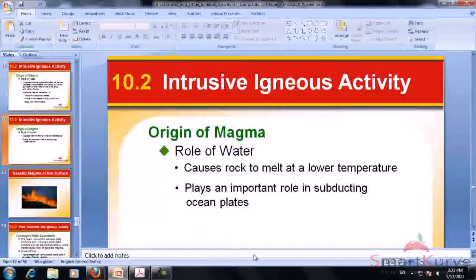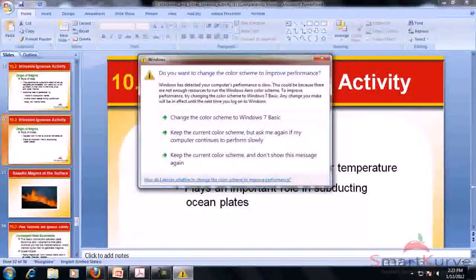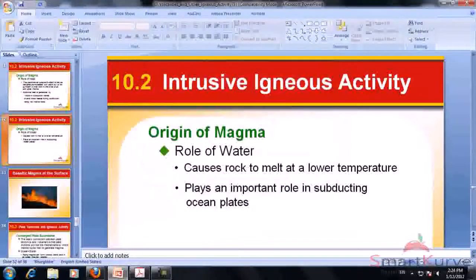Next, on intrusive igneous activity, we've got the role of water on slide 32. If there is water in the rock, water will actually cause rock to melt at a lower temperature. And this plays an important role in those subducting ocean plates, because underneath the ocean, obviously there's going to be more water slipping into those cracks in the subduction zone.